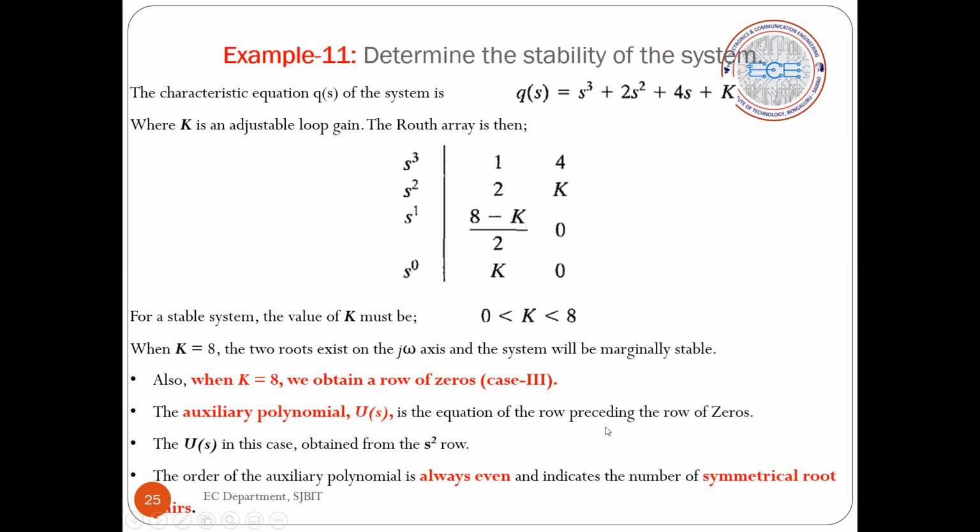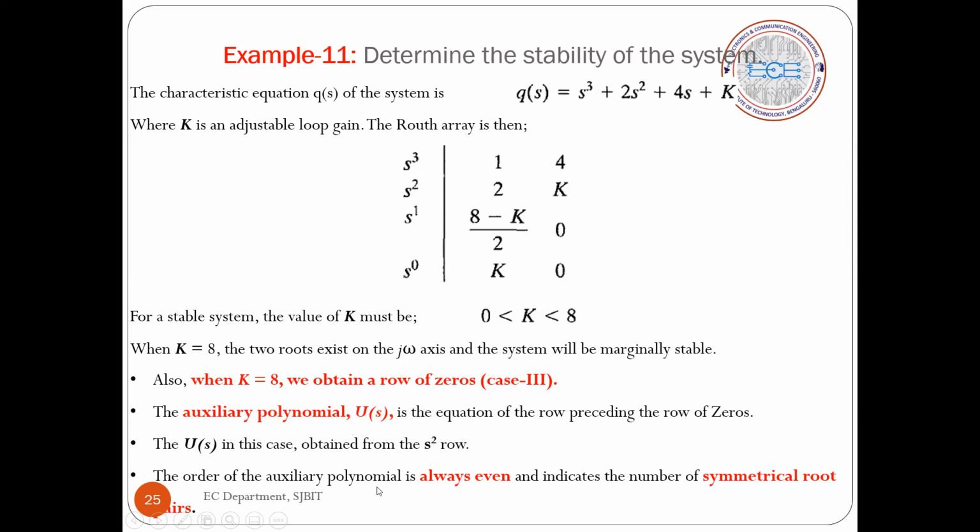If I make K 8, then this element will become 0, so the entire row becomes 0 now. So I will go one row prior, construct an auxiliary equation, differentiate that, and get the coefficients.